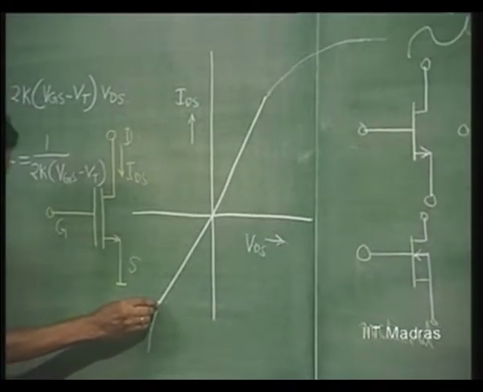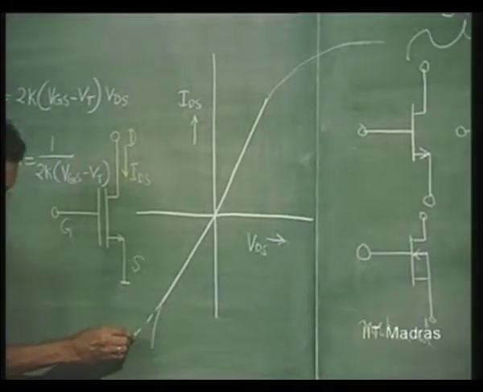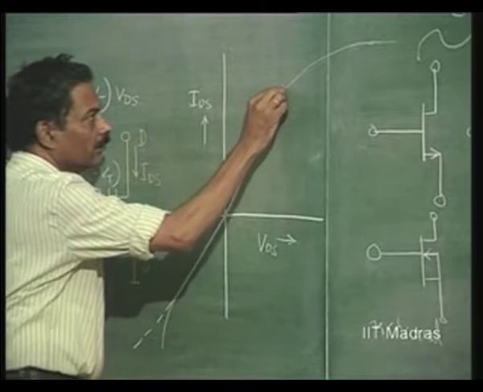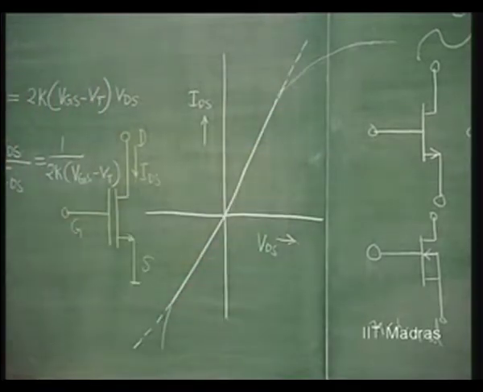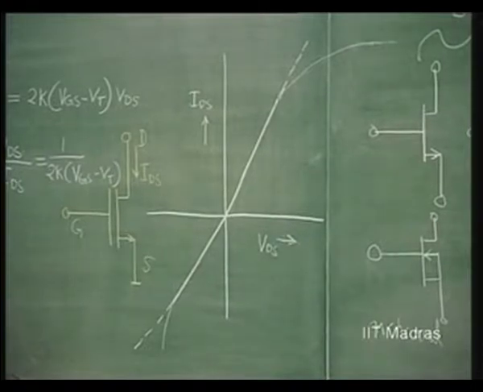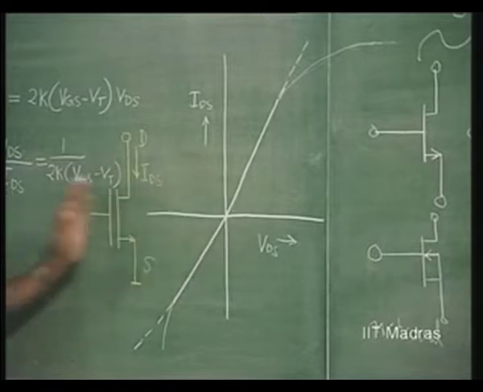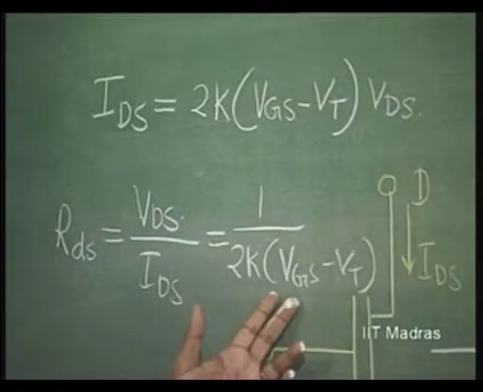So, as long as the deviation from the linearity is not much, that means around VDS equal to 0, any of these FETs can be straight away used as a control resistor, the slope being controlled by this VGS.